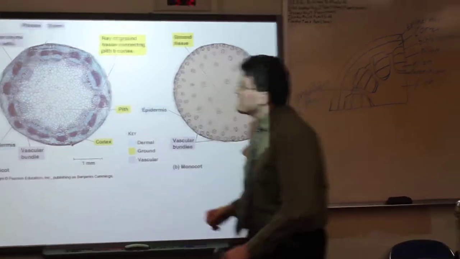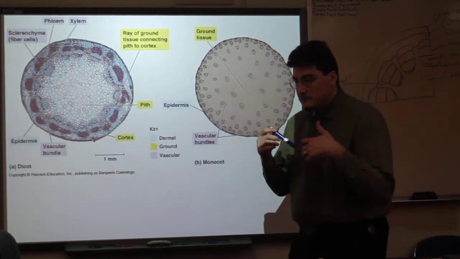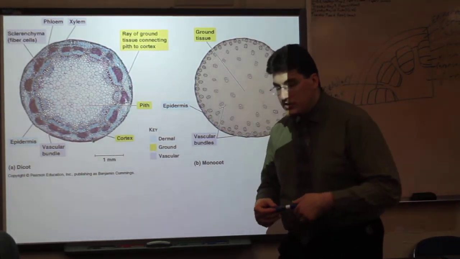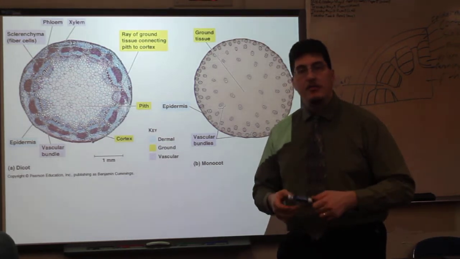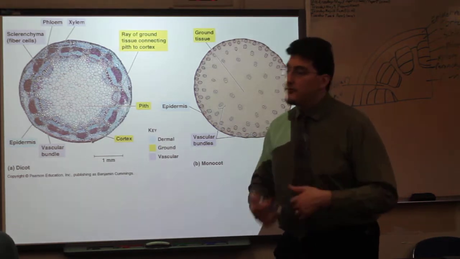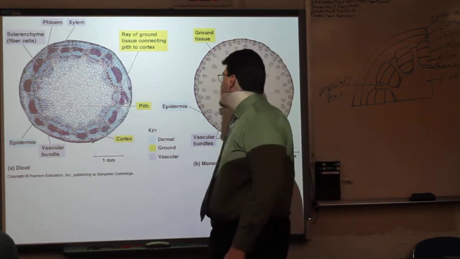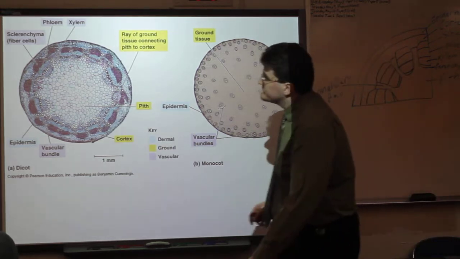So our sclerenchyma is not part of our vascular bundle. It is part of the tissue that is structural and supportive, but not ultimately part of the vasculature. It does not conduct fluids and nutrients and what have you. So now we've labeled everything.